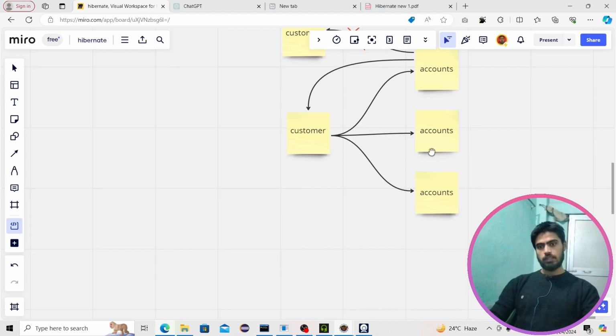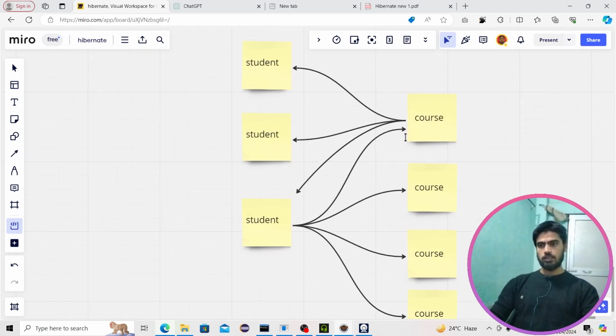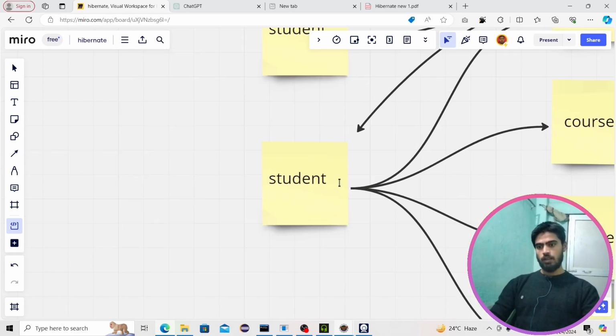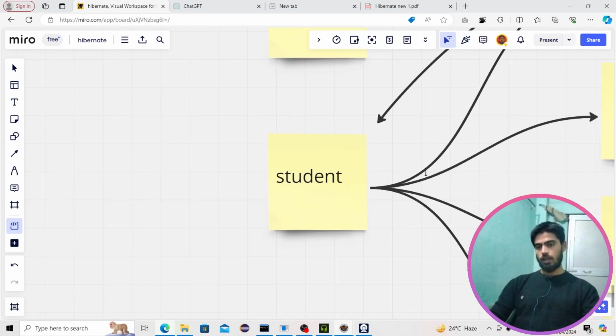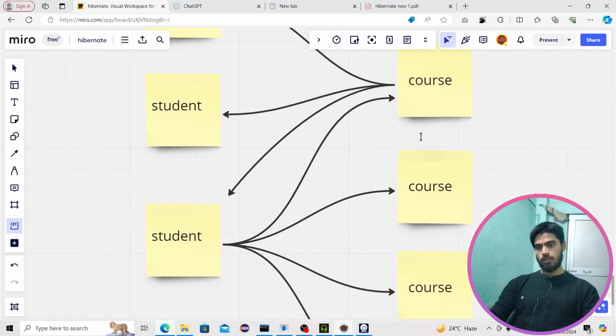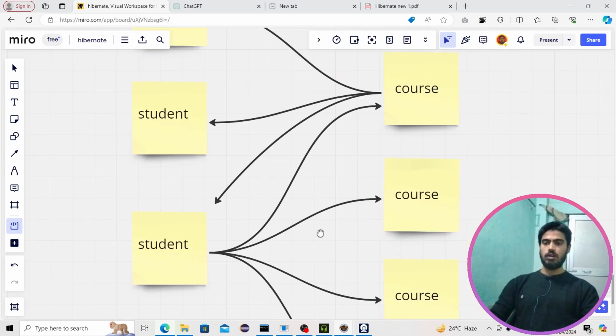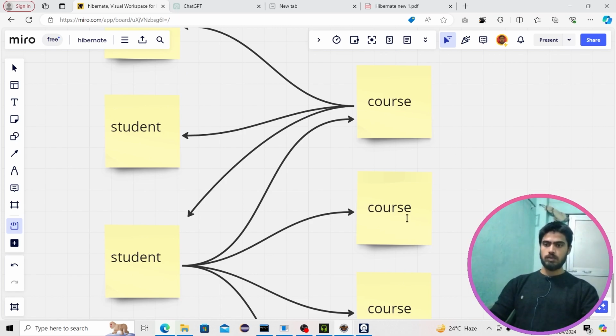The next scenario that we can see in a has-a relationship is, suppose there is a student, and one student can be enrolled in multiple courses. Suppose Hindi, Math, English, Sanskrit. One student can be enrolled in multiple courses.